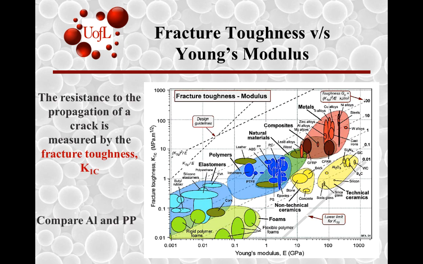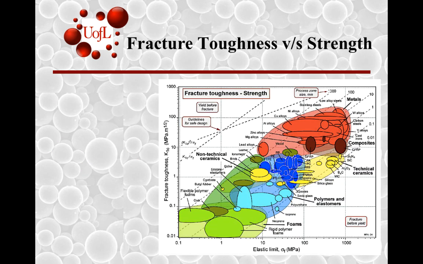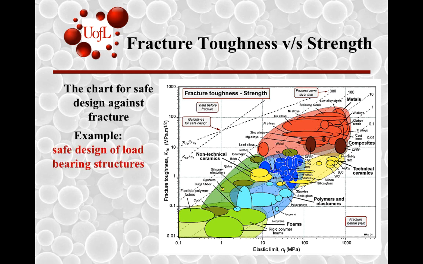Just like you plotted fracture toughness against modulus, you can also plot fracture toughness against the strength at the elastic limit. And this provides a chart for safe design against fracture. So the safe design of load-bearing structures, so that if something occurs in terms of a defect or a ding or a damage, the whole load-bearing structure does not completely collapse.